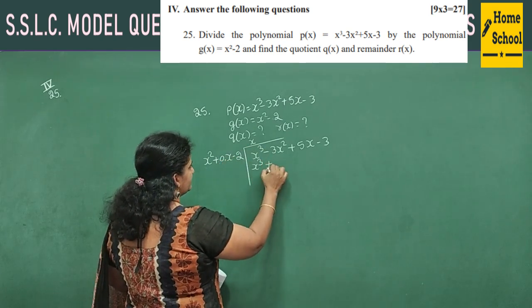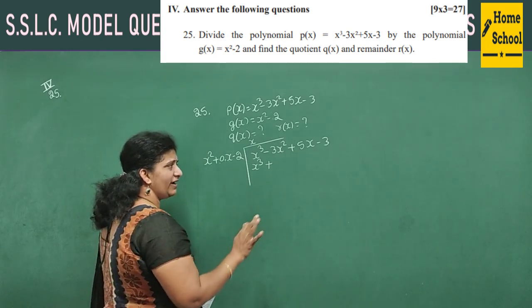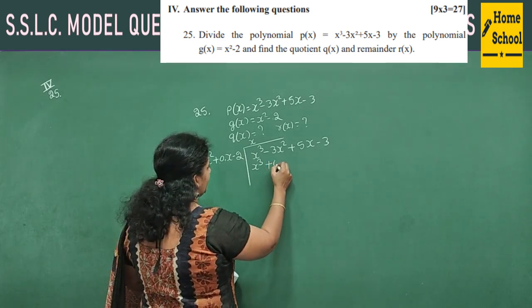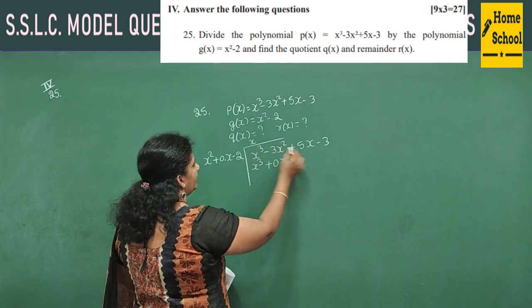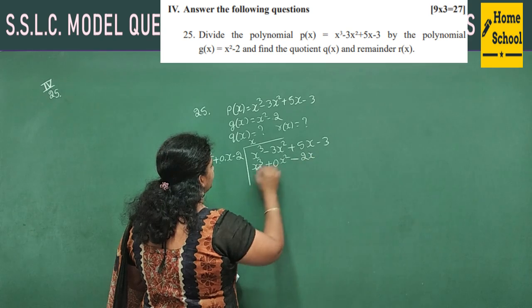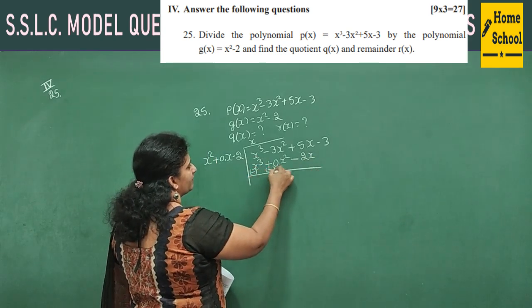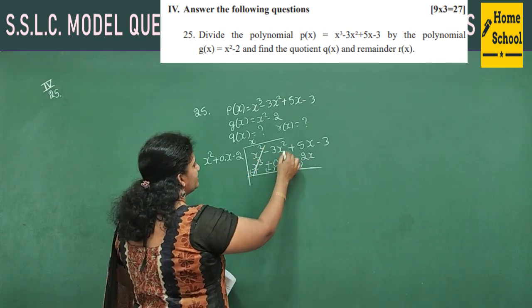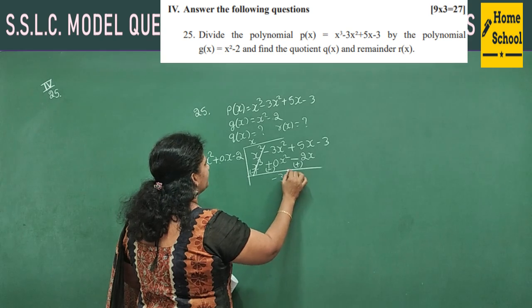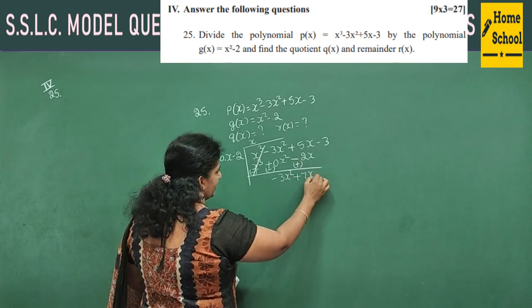Plus into plus plus, 0 into x is 0 into x square, or just you can write 0. So simply I will write here 0 into x square minus 2 into x, 2x, right? So now subtract, change signs, cancel, minus 3x square, 5x plus 2x will be 7x.